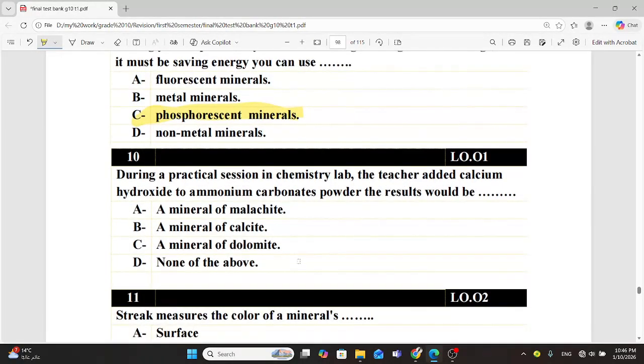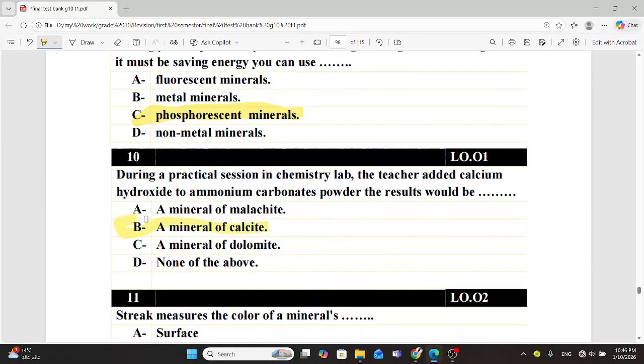طيب during a practical session in chemistry lab the teacher added calcium hydroxide to ammonium carbonate powder. The result would be a mineral of malachite ولا a mineral of calcite ولا a mineral of dolomite ولا none of the above.